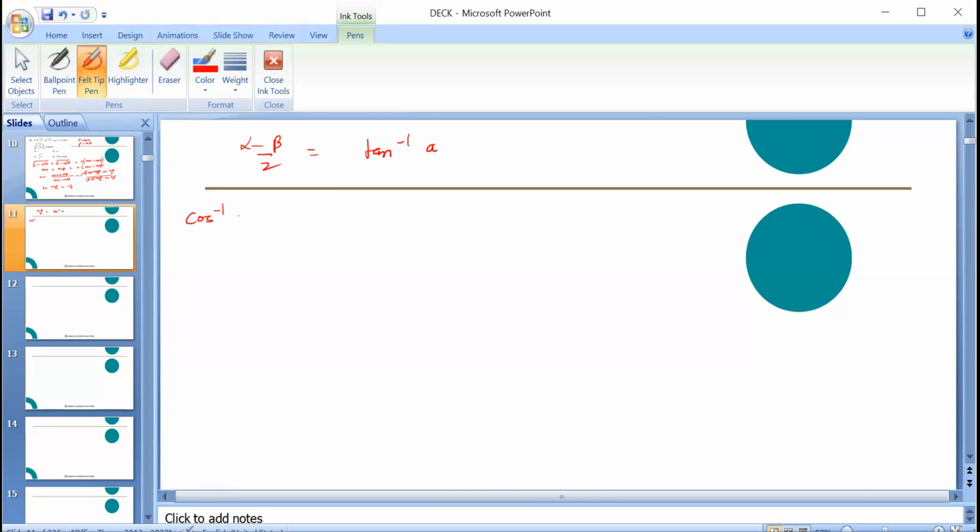Cos inverse x power n minus cos inverse y power n equal to 2 tan inverse A. Derivative of cos inverse is minus 1 by.